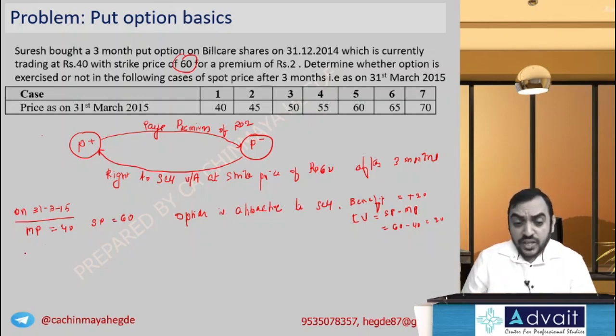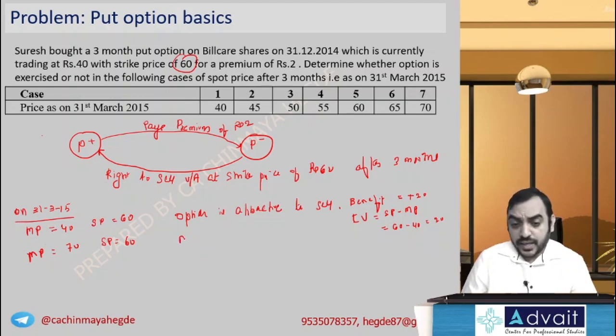On the other hand, if the market price happens to be, let's say, 70 rupees, and the strike price is 60 rupees, where is it attractive to sell? Market price is high, right?